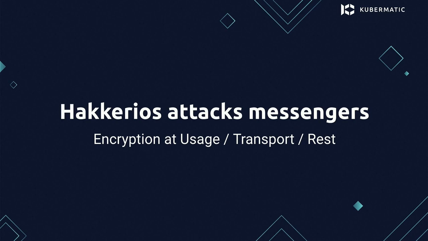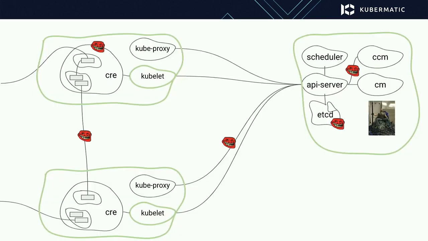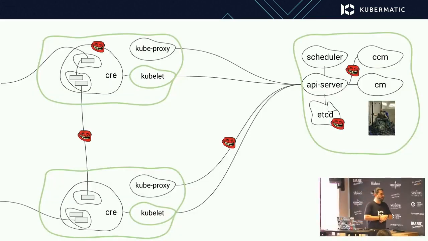And then Hackerius is also smart, and he wants to attack the messengers. So there is a lot of communication going between different components of the Kubernetes cluster. We should make sure that these are encrypted, especially in usage, transport, and rest. So what do I mean by usage, transport, and rest?